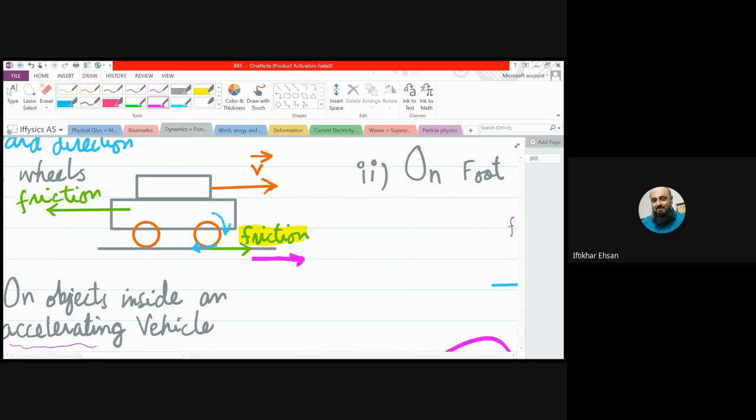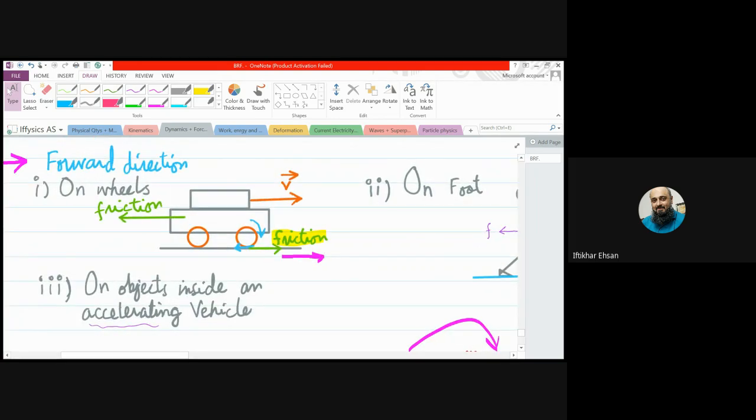But let me tell you, we are calling it the friction on the wheel. But as all four wheels experience the friction and overall friction opposes the motion, the overall friction on the car is backward, against the movement. But the friction on the wheel is not against the movement. Actually, it is in the same direction as its movement, right?